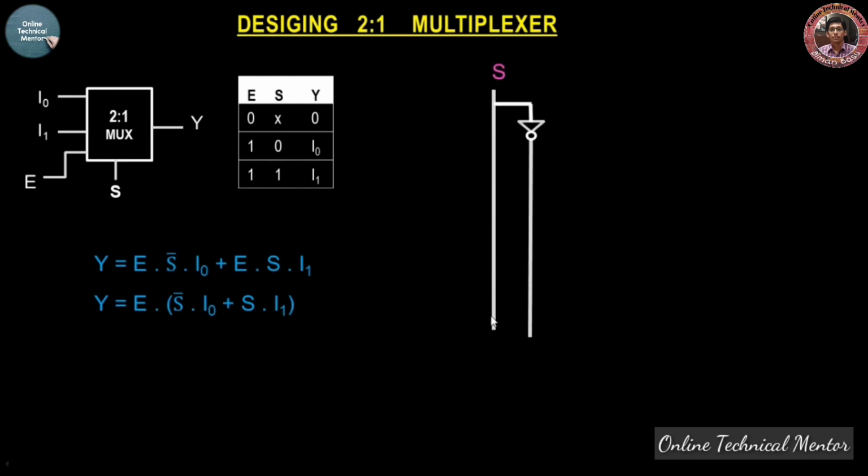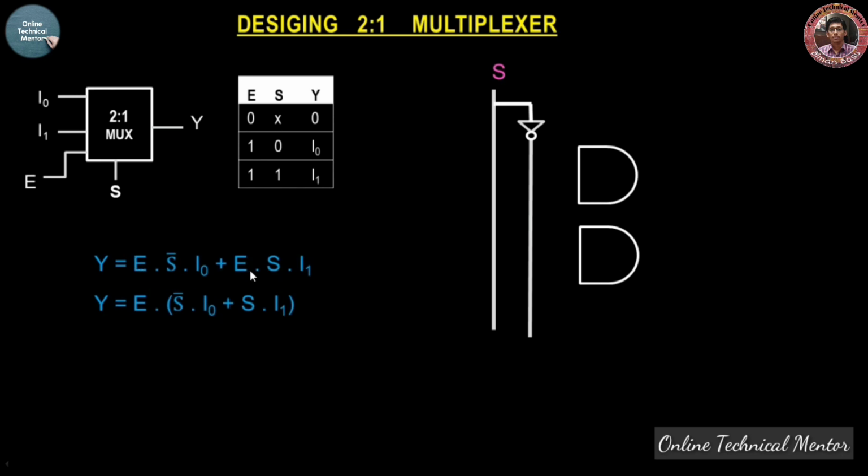So this is my S line, and since an inverter is attached to the S line, another line has been drawn, so we can treat it as the S bar line. So this is the S line and this is the S bar line, and it has 2 AND gates. There are 2 AND operations going on, one over here and another one over here, so you require 2 AND gates.